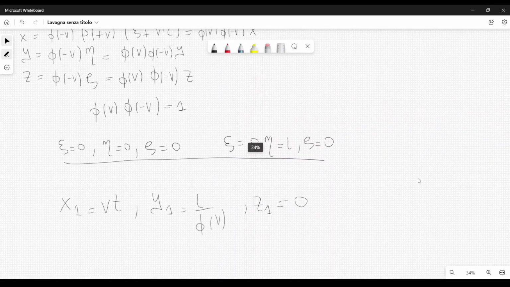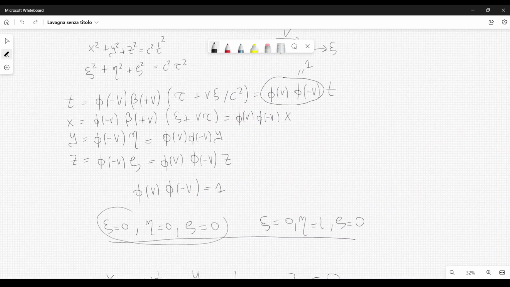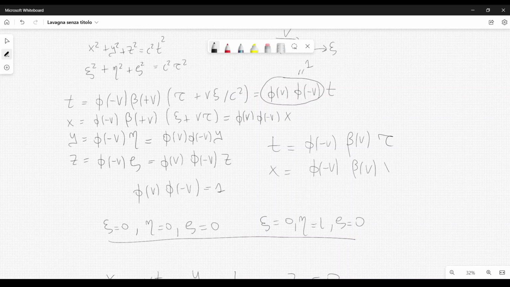This is very easy to check because, for example, if you substitute these values here, you get t equal to phi of minus v beta of v times tau, and you also get x equal to phi of minus v beta of v times v tau, because you set xi equal to 0. And from these two, you can easily check that you get x equal to vt.